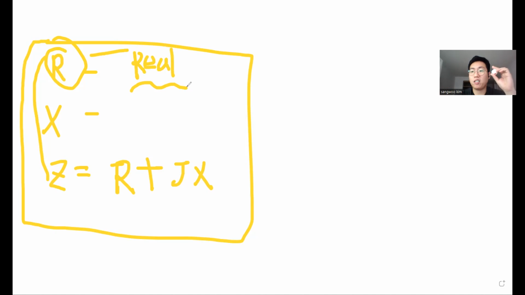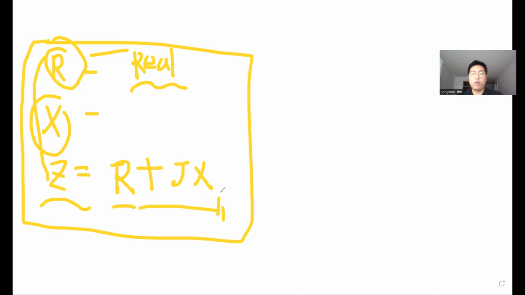But X, reactance, is like I gave you the chocolate, you store it, and you return it back. So actually, you didn't use it, right? So I will say this is reactance. And impedance is R plus jX, right?